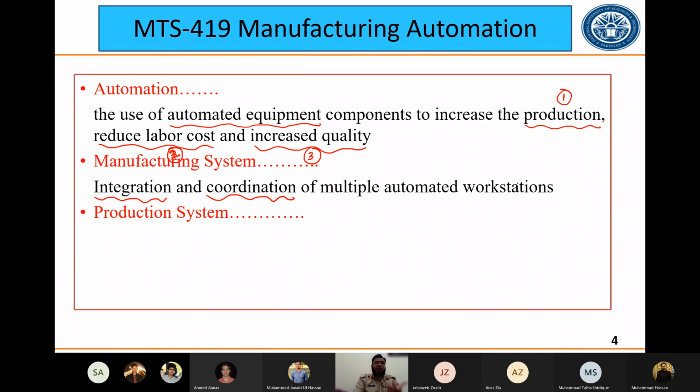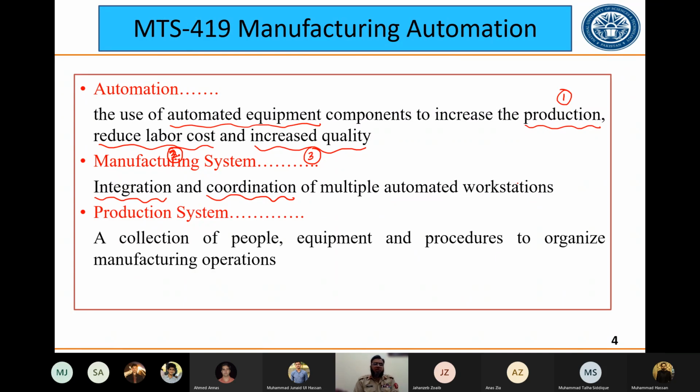How do we define a production system now? The production system is the collection of people, equipment, and procedures to organize the manufacturing operations.